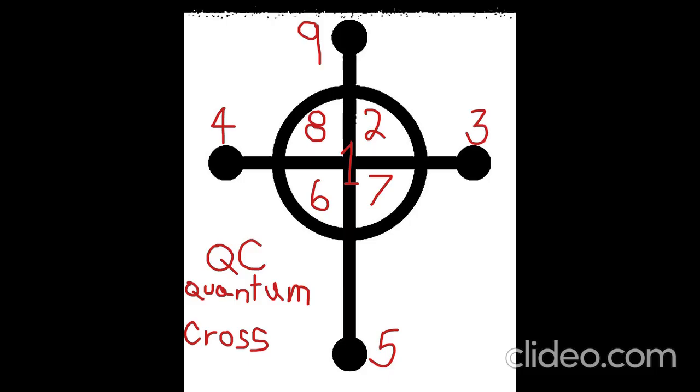Okay, and then you have the 4 areas around that center. Okay. And then on each point of the cross outside of that, you have another number.